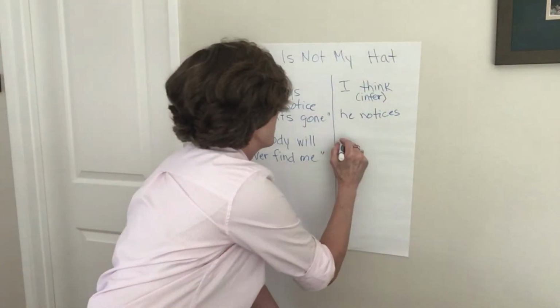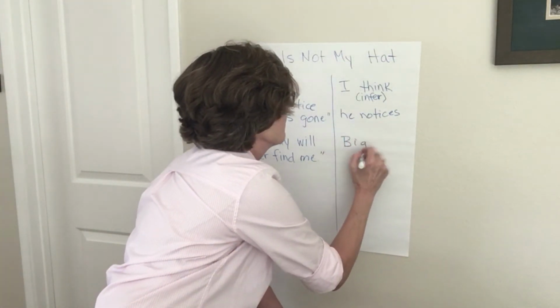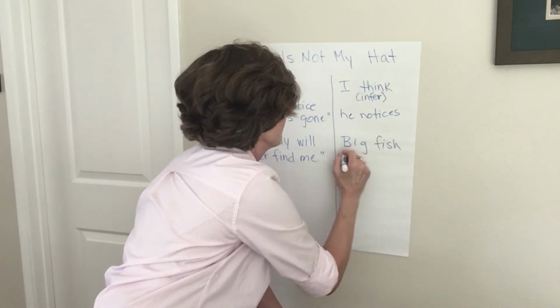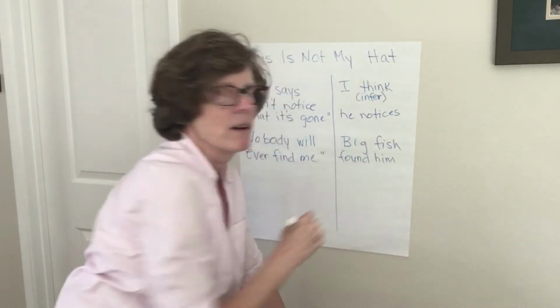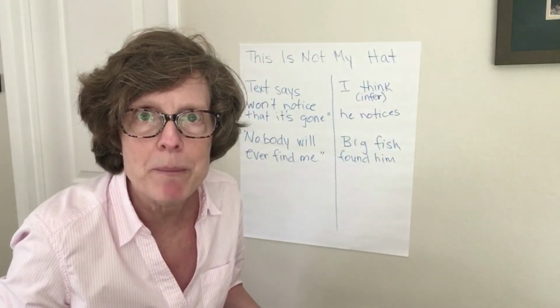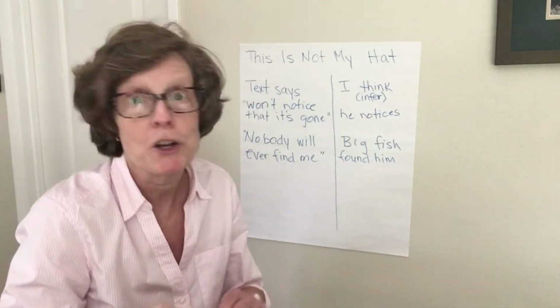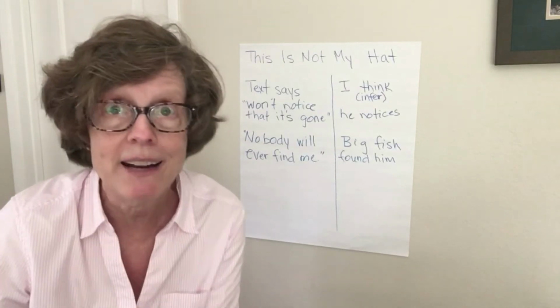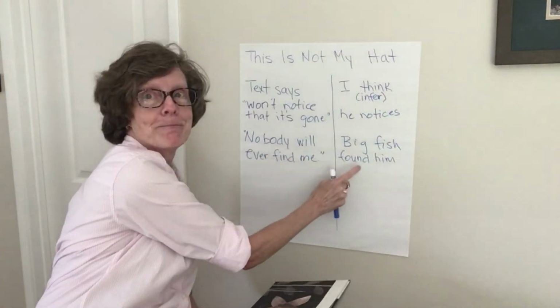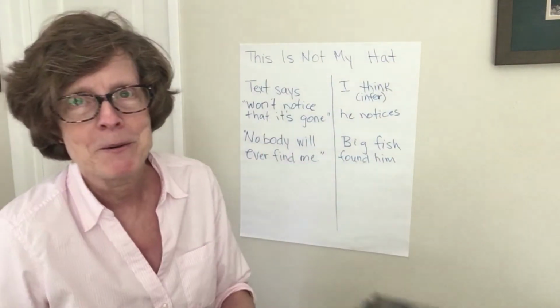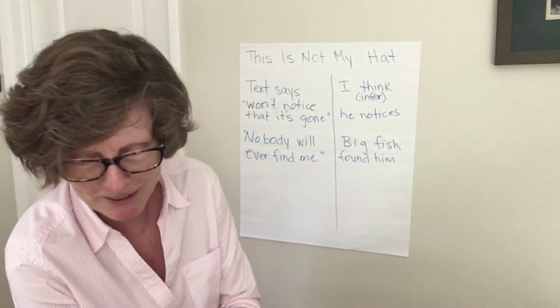The big fish found him, right? Does it say with words anywhere in the book that the big fish found him? No, it sure doesn't. The text says, nobody will ever find me. But what's happening in our brains? That's exactly right. Okay, this is getting exciting, isn't it?